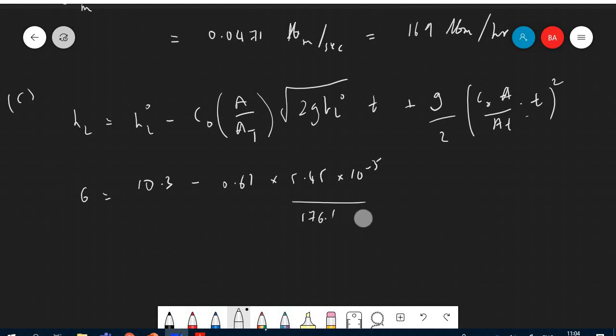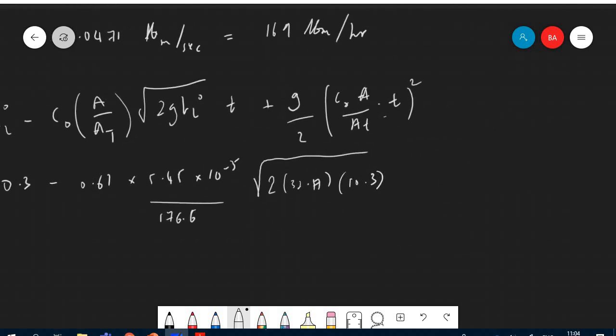176.6, and that is multiplied, plus, let me multiply before the 2gHL naught, right? That is 10.3 feet. Then you continue: plus g over 2 into C naught into A, which is 5.45.